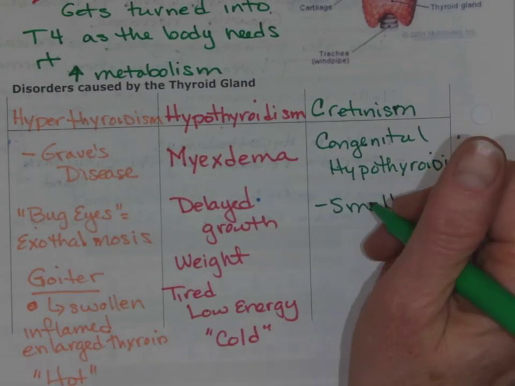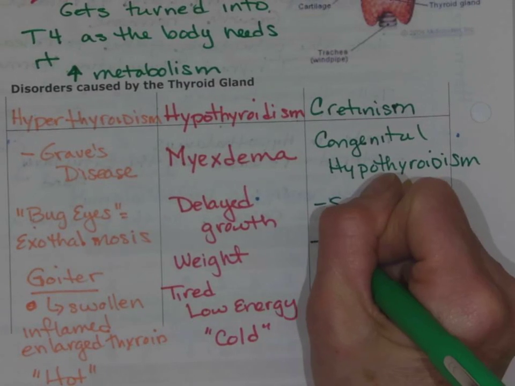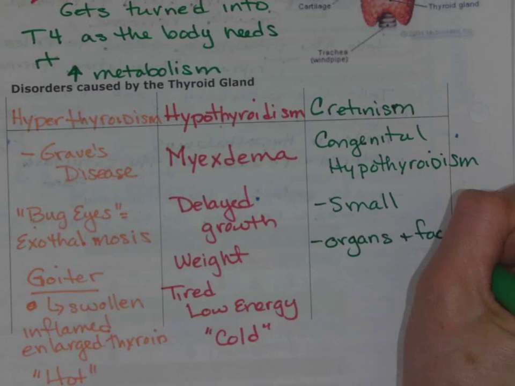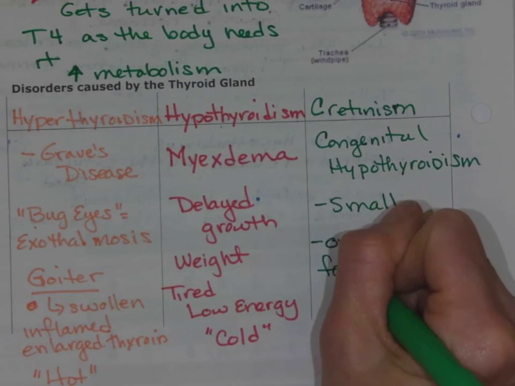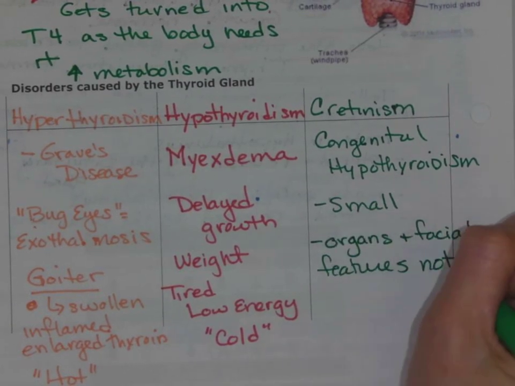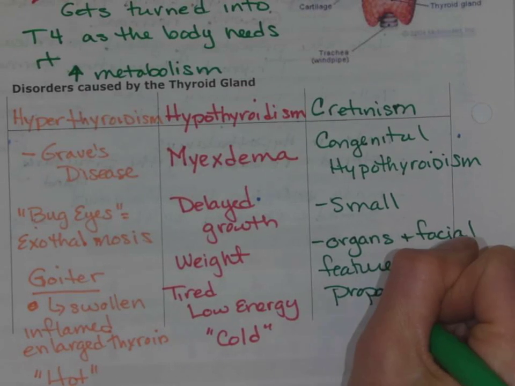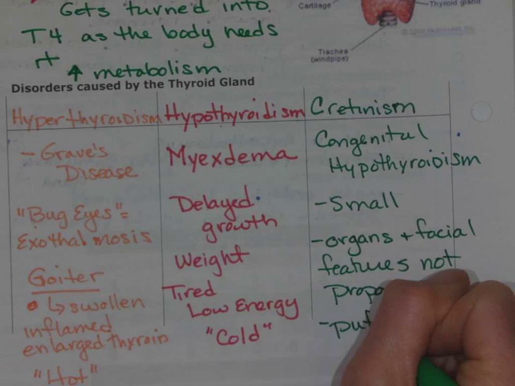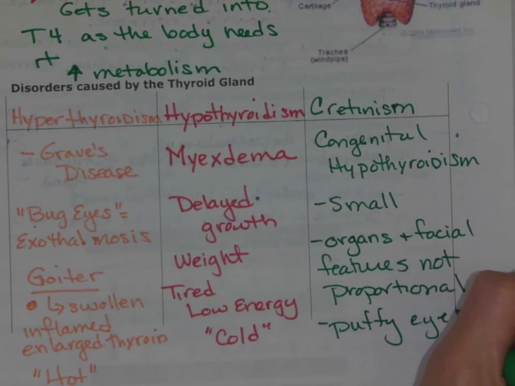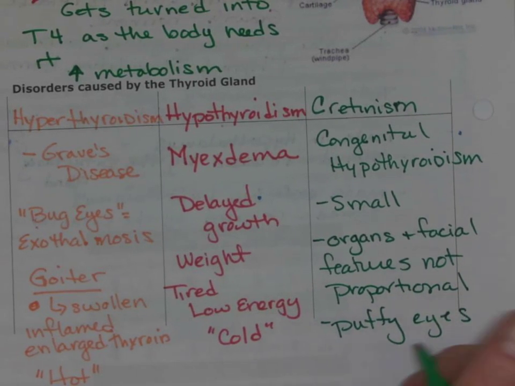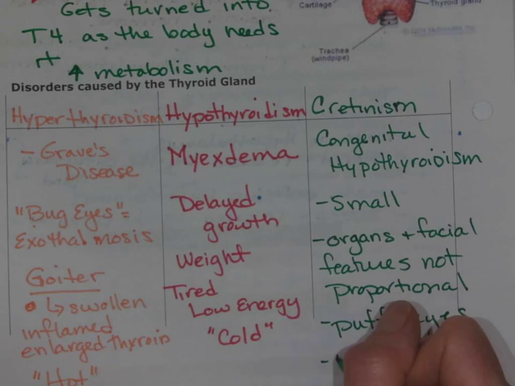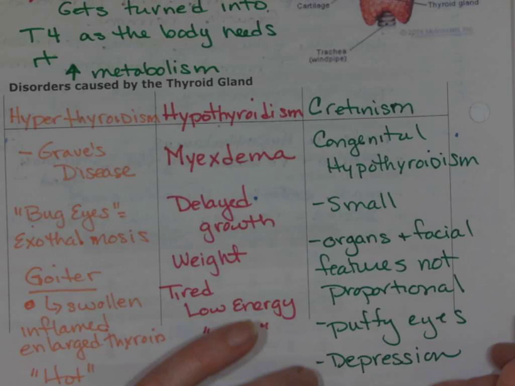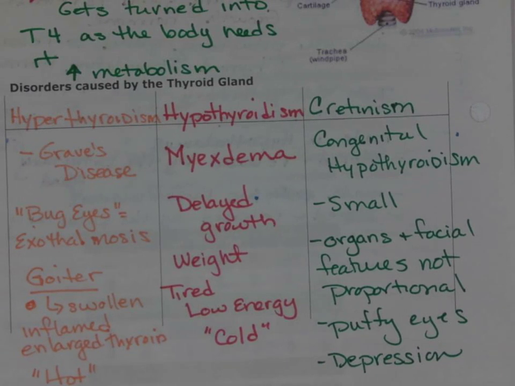Their organs and facial features are not proportional to their bodies. And they tend to have puffy eyes. Okay. And they tend to suffer from depression because it's very obvious that something is not right with them. So that's number one. I'll get you in the next one in a sec.